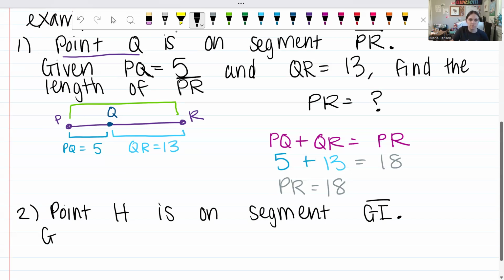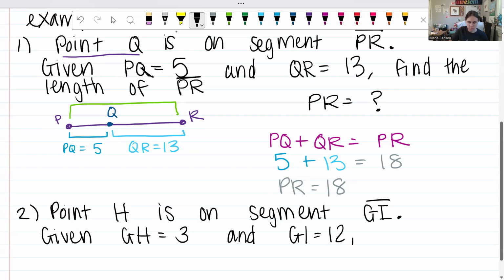Given GH is equal to 3 and GI is equal to 12, find the length of HI. Find the length of segment HI.